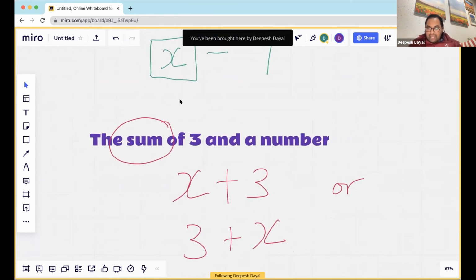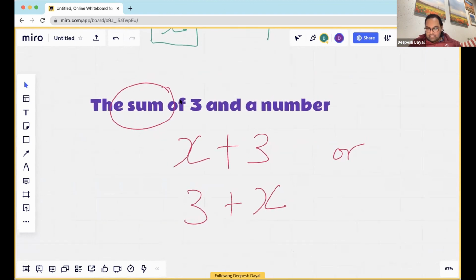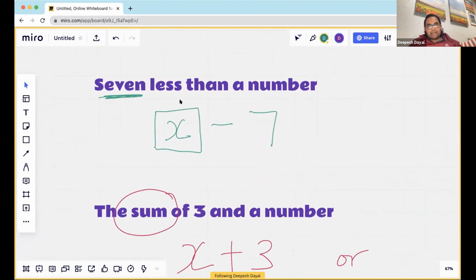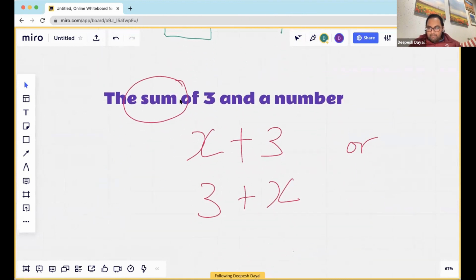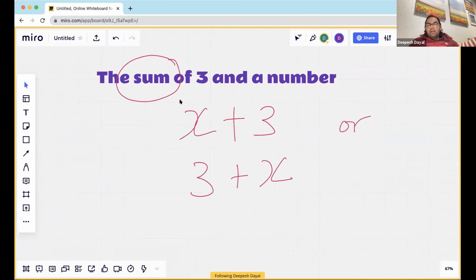The previous question is x minus 7, because 7 less than the number is x minus 7. Oh, okay, thank you. Because we've got a number and then we're taking 7 away from that number, right? Okay, and then lastly is the sum, which is x plus 3.